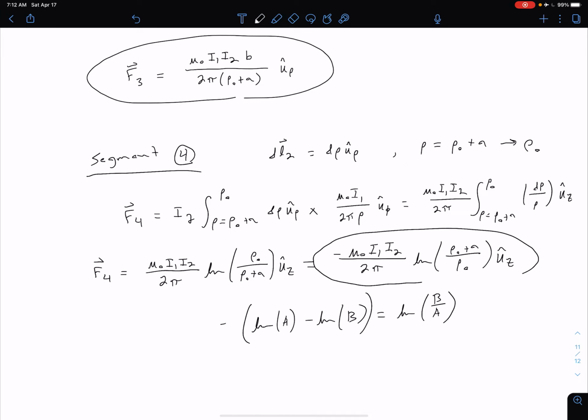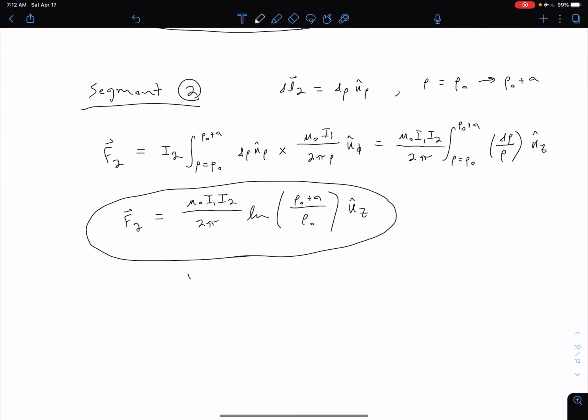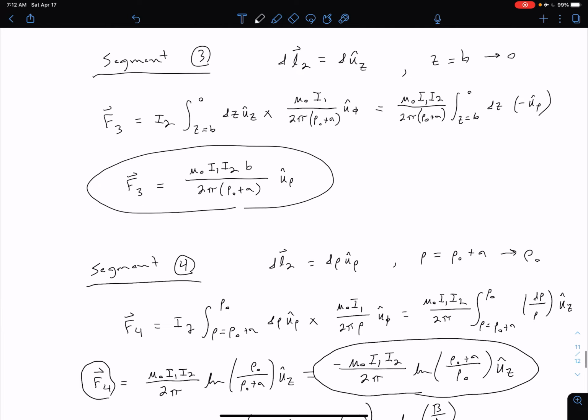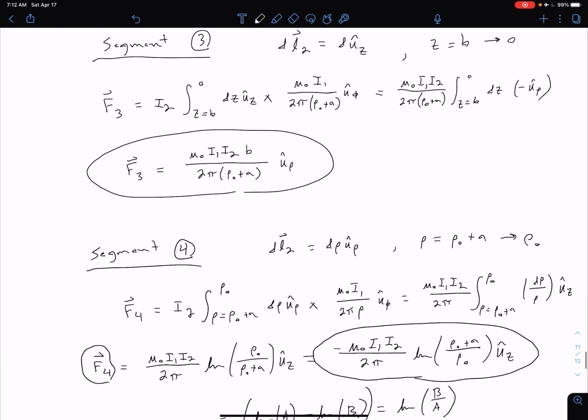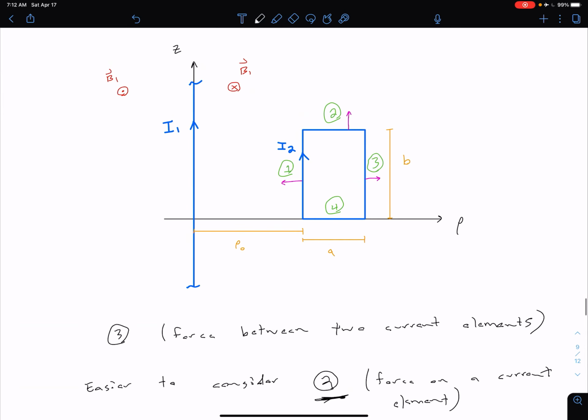And why would I want to do that? The reason is, if we compare this to our F2 result, we see we have this same term, it's just negative valued. So we have that same log of rho naught plus A divided by rho naught, just in the opposite direction. Let's come back up here and add our final force, in the negative z direction.